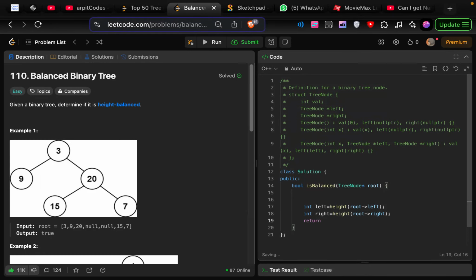Return absolute of left minus right less than or equal to 1, and send the root's left and root's right to the same function to check whether they are balanced or not.